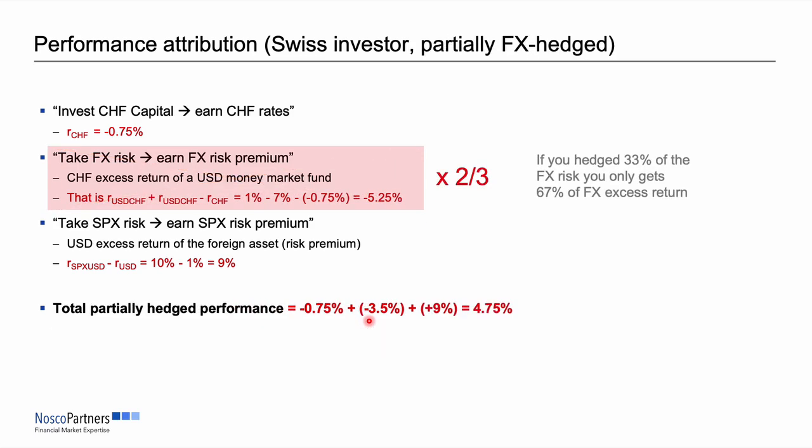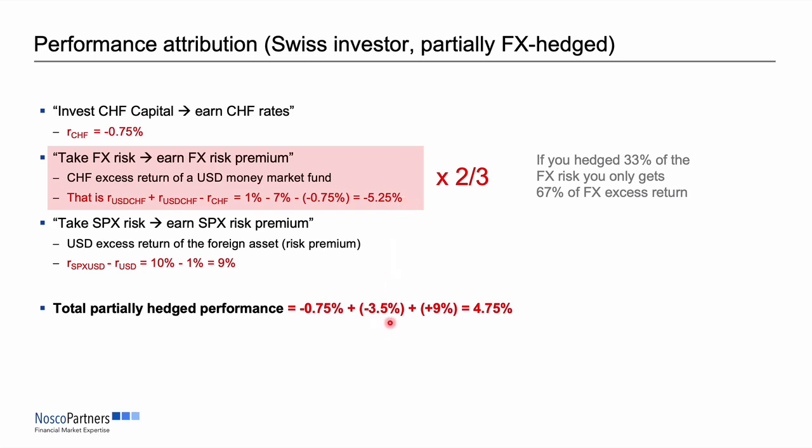If we now just partially hedge, so let's say we hedge a third of the FX risk away, then logically we only get 2/3 of the return that is due to taking FX risk. And if I calculate that, 2/3 of minus 5.25% is about minus 3.5%.